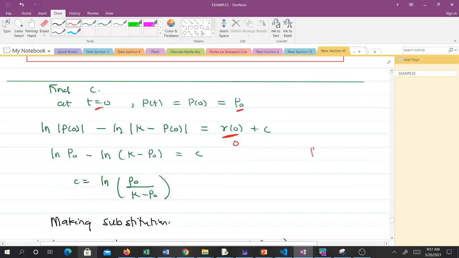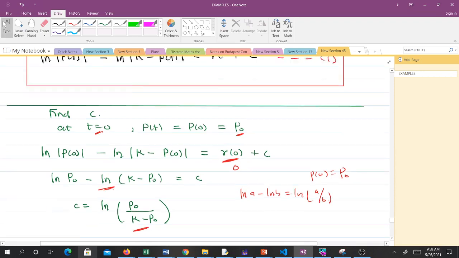Then p(0) is p naught. So we'll get ln p naught minus ln (k minus p naught) to be equal to c. And which implies that c is equal to ln, by laws of logarithm, ln a minus ln b is ln a over b. So we can write this in this form. And that is our c.